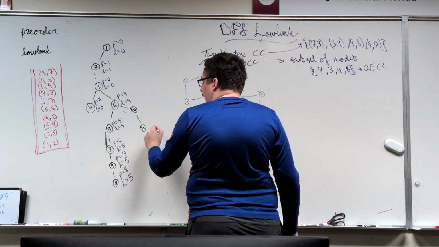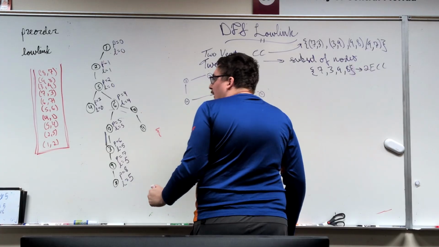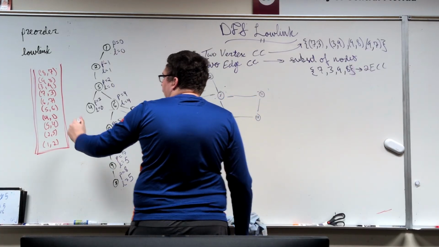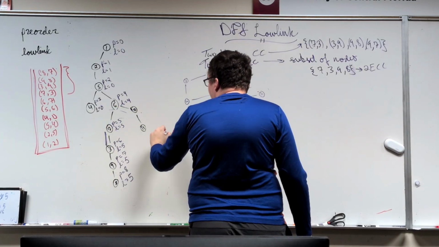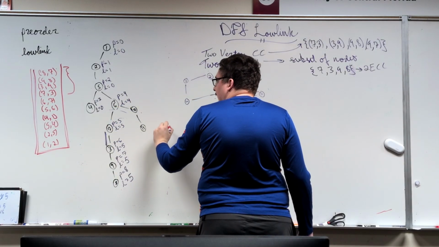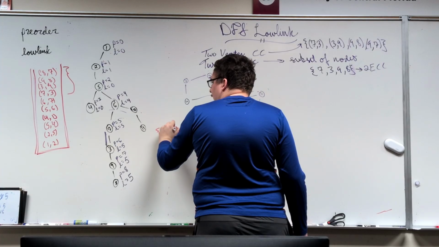So we'll say take all edges until we see 7-3 in our stack, and create a new 2 VCC from that.